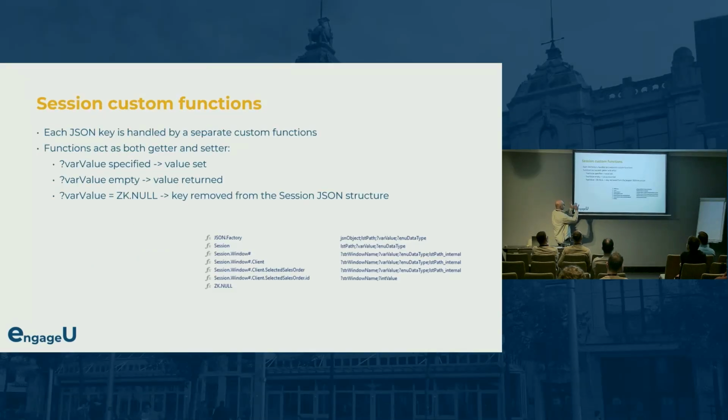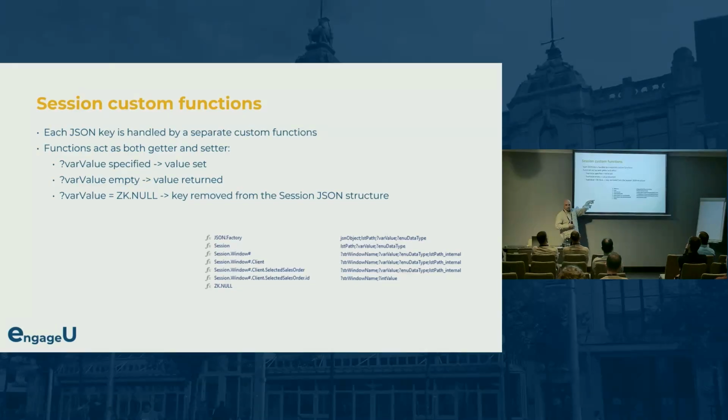Now, just a little detour. We are not using straight JSON functions, right? As you have seen, there was a pretty defined structure. What it comes down to is actually the same set of custom functions. For each node, we are using a custom function that works as a getter and setter at the same time. So we never do direct modifications of those JSON structures.